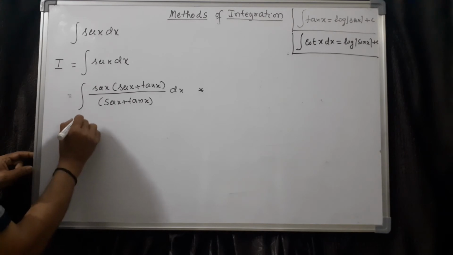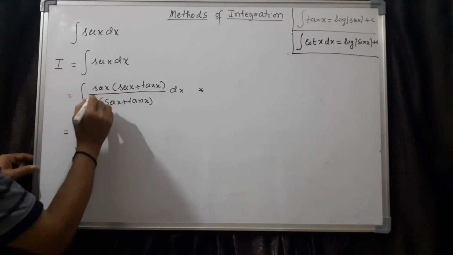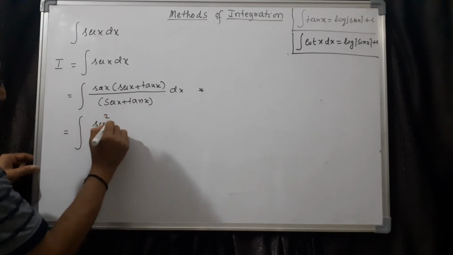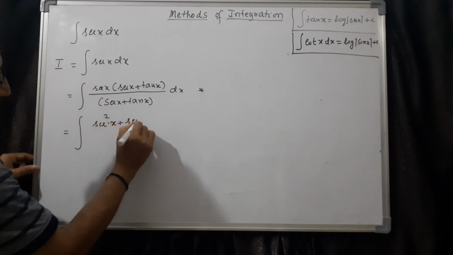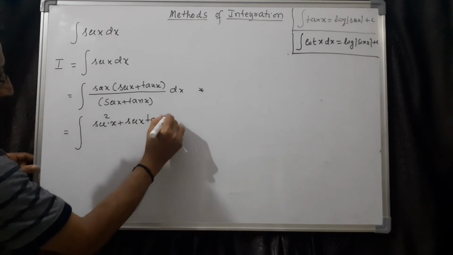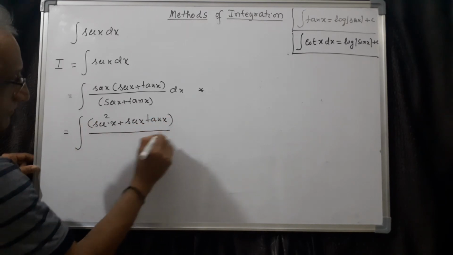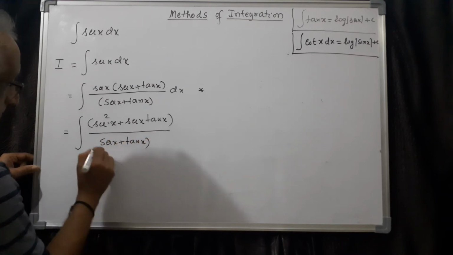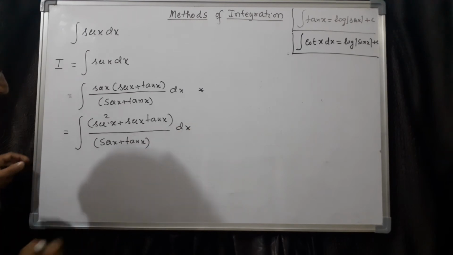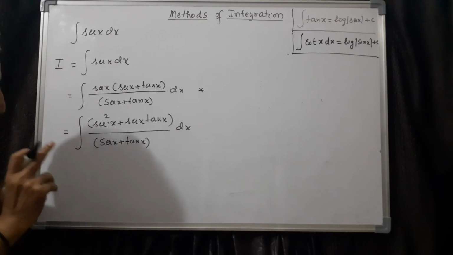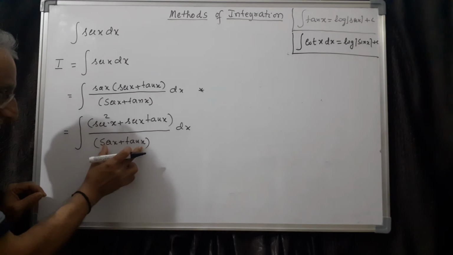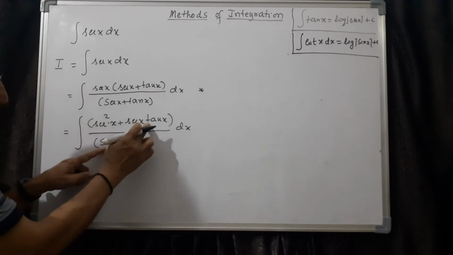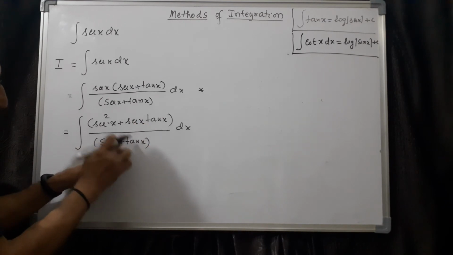So let me simplify one more step. When you multiply, this is secant square x plus secant x tan x, then below secant x plus tan x, then dx. Now, if you carefully observe, if you substitute the denominator equal to y, the differentiation of secant x is secant x tan x, and the differentiation of tan x is secant square x.